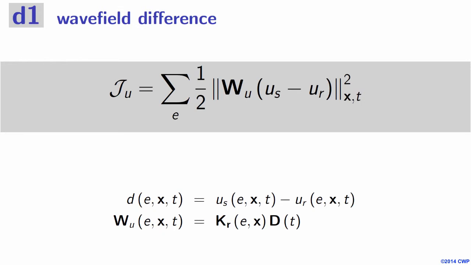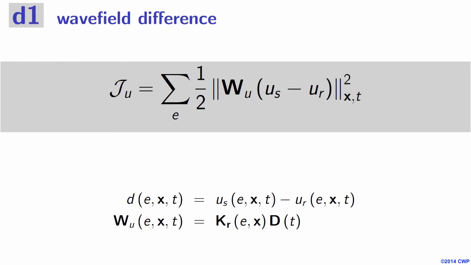So what we could do is to say, well, let's define the objective function by taking the difference between the source and receiver wave fields. Then we can restrict this difference to either the source coordinates or to the receiver coordinates. And we say that we want to minimize that distance because we know that either at one position or at the other, we want to have the source and receiver wave fields match each other.